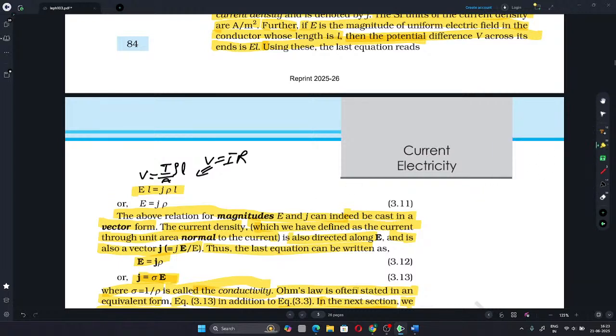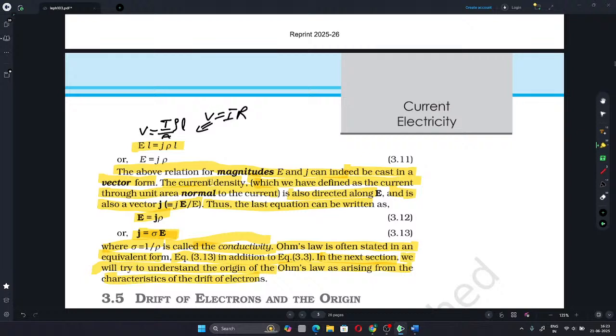The above relation for magnitudes E and J can be cast in a vector form. The current density, which we have defined as the current through unit area normal to the current, is also directed along E, the electric field, and is also a vector.